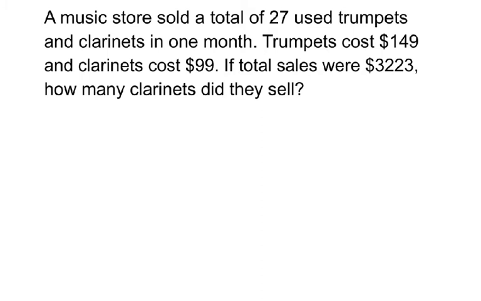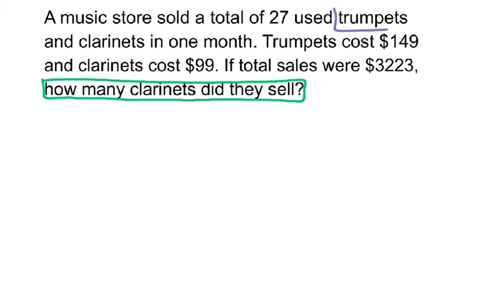So one of the things that I always like to do is highlight the actual question, so I know what I'm trying to answer. And there should be two things in the problem that we don't know. So that's actually the number of trumpets and the number of clarinets. That's what we're looking for here.